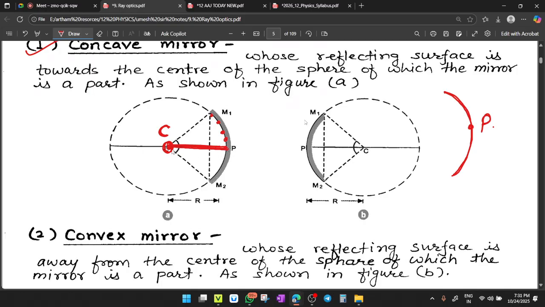The distance between the center and the pole is called radius of curvature. Got it? So this is the radius of curvature. Now, the remaining lengths, like in a circle, all the lengths like this, what are these? These are called normals.